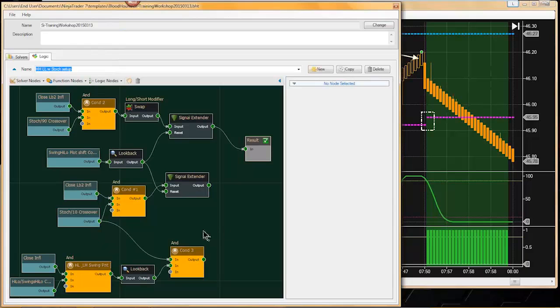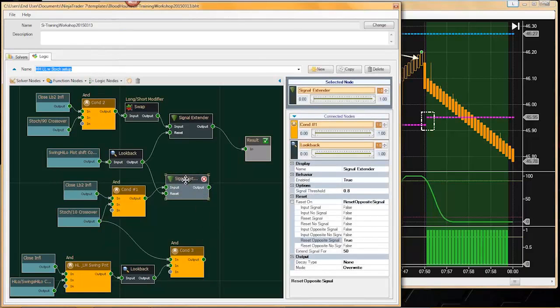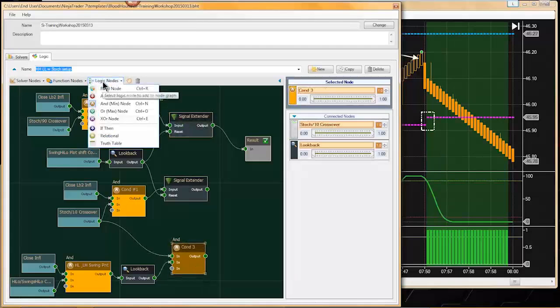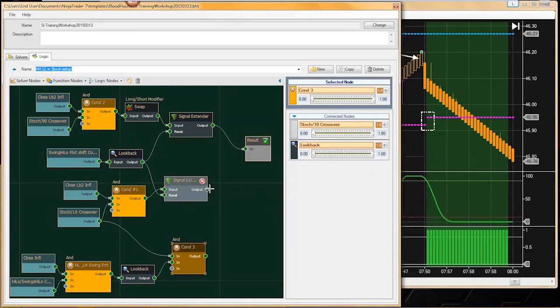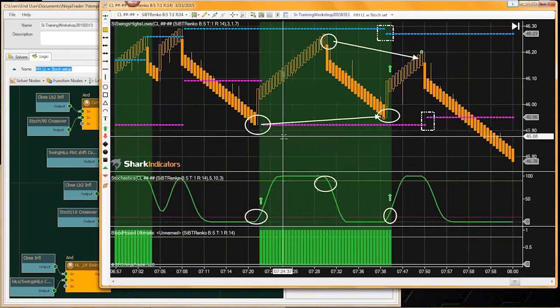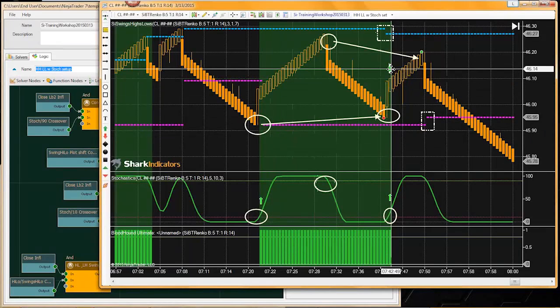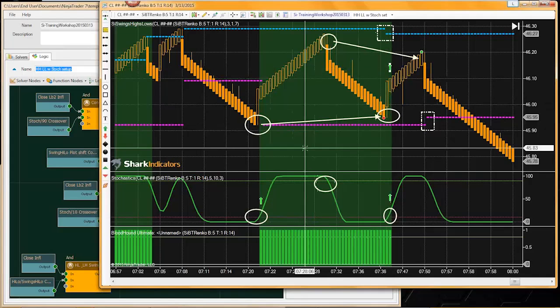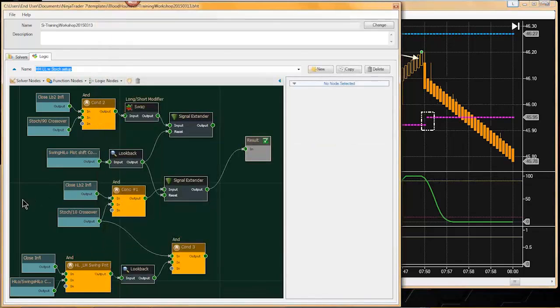So we have condition 1, condition 2, and condition 3. Now that we have all 3 conditions extended forward to the bar that actually provides the trade signal, we can connect all this together with an AND node.